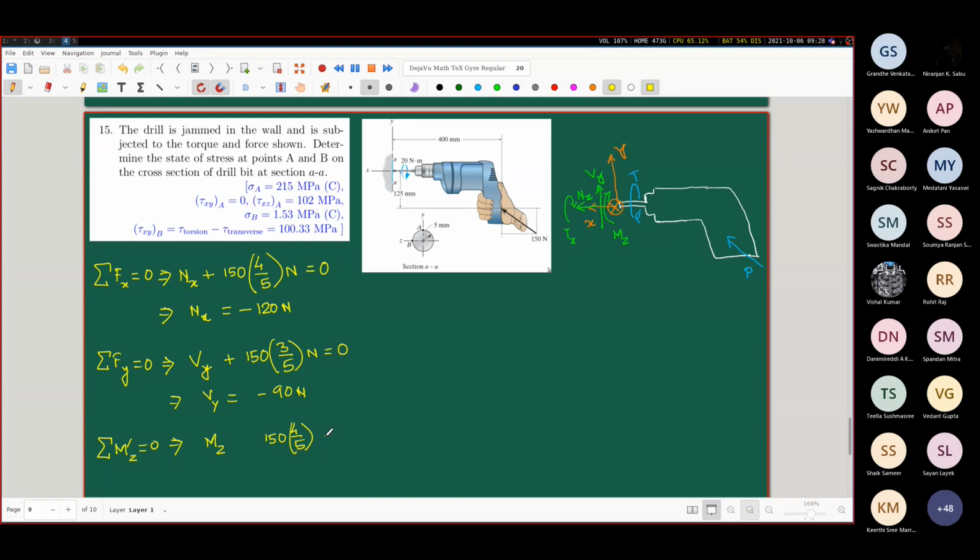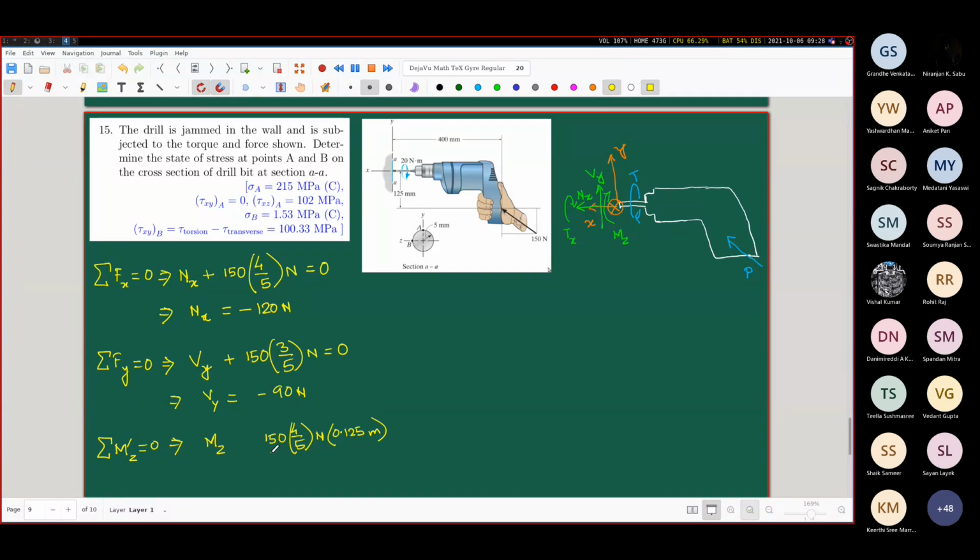125 mm. Yeah. So if you consider the horizontal component, it will be along this horizontal line of action, and that line of action will be at a distance of 125 millimeters from here. So this is 0.125 meters. Now tell me whether this is negative or positive.